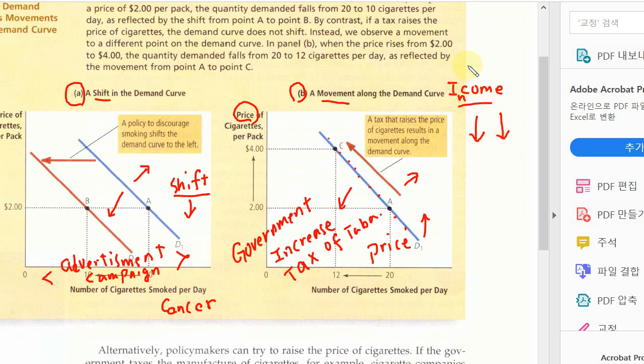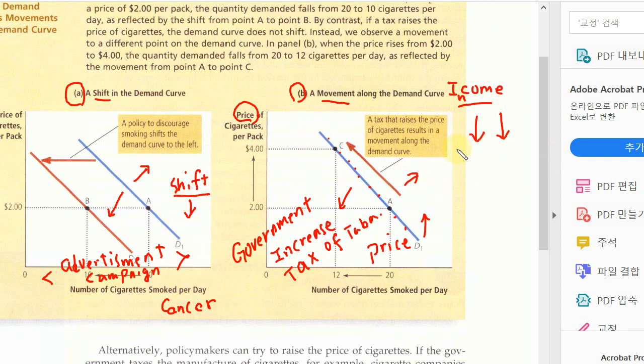This income is not shown in this graph. In this graph only price and demand are shown. But income is an unseen factor which affects demand.